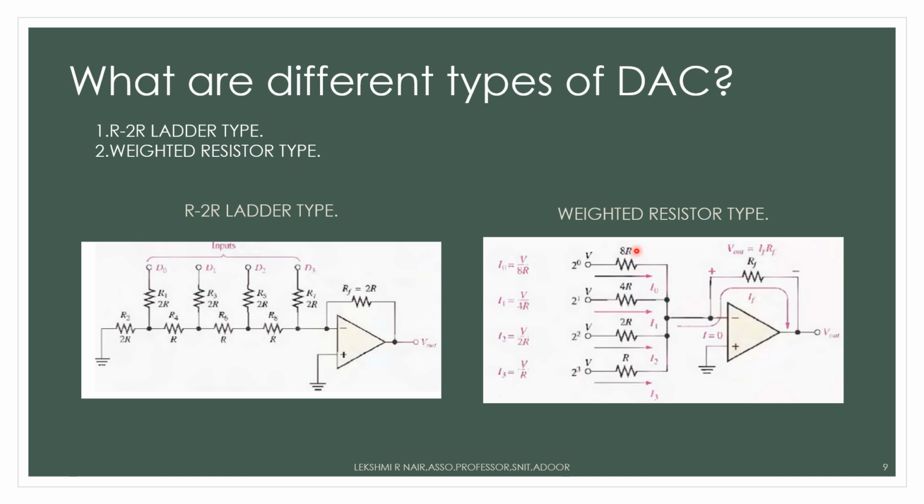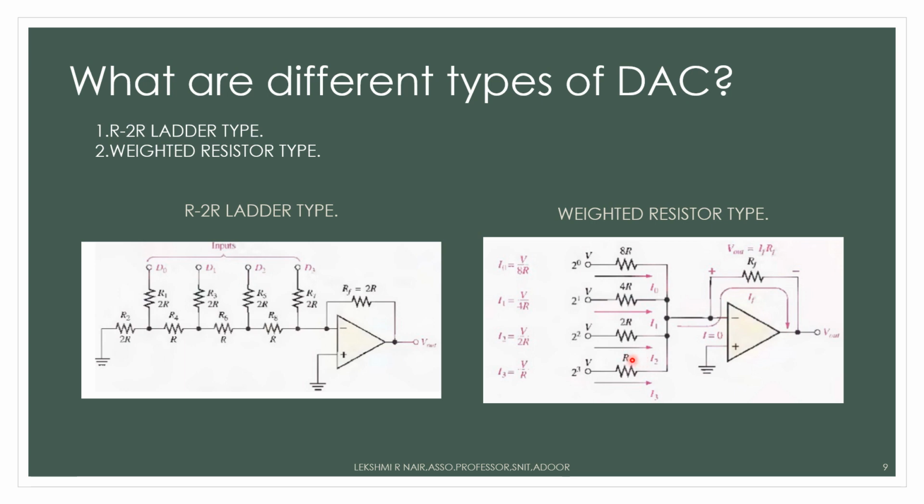Now why the name weighted resistor? By looking into the circuit we can see that here we are using a variety of resistors. First R, then 2R, then 4R, 8R, etc. So here we are using different values of resistor.